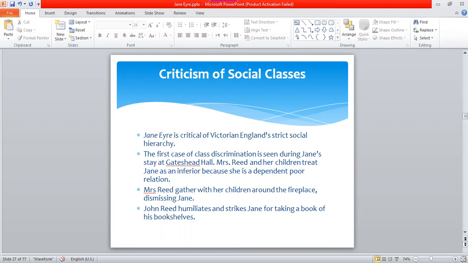Mrs. Reed gathers with her children around the fireplace, dismissing Jane because she is poor. John Reed, Jane's cousin, always humiliates and strikes Jane, particularly in the incidents when Jane takes a book of his from the bookshelves.